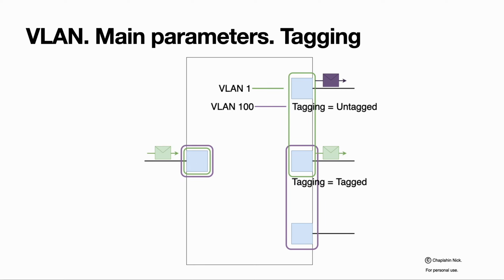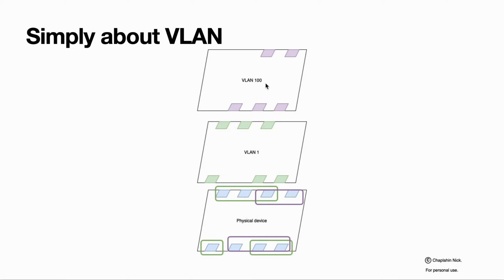Tagging. Tagging is an egress argument. It means that a port uses the tagging option to decide what to do with a frame that will egress this port, or leave the system through this port. When we send packets through the slice, the packet is tagged by this VLAN.